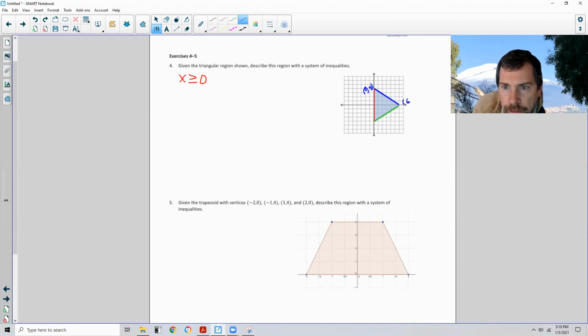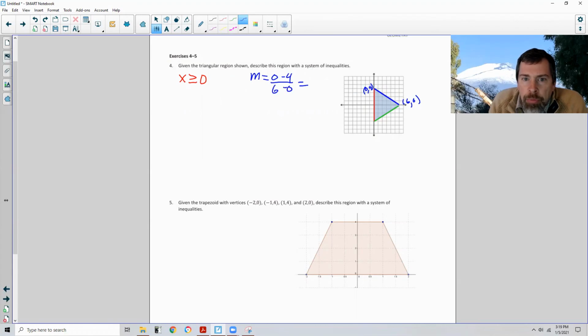That is the point 6, 0. Okay, so if I want to know what the slope of this line is, then I say m equals the change in y, which is 0 minus 4, over the change in x, which is 6 minus 0. That will give me a negative 4 over 6, or a negative 2/3.